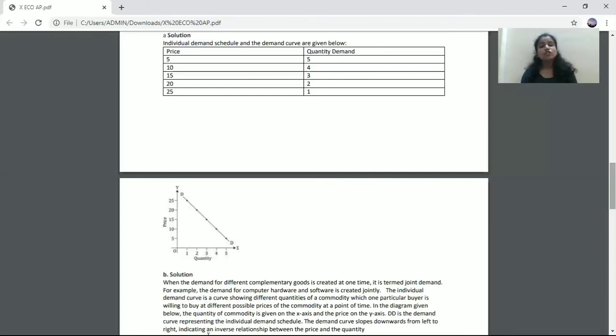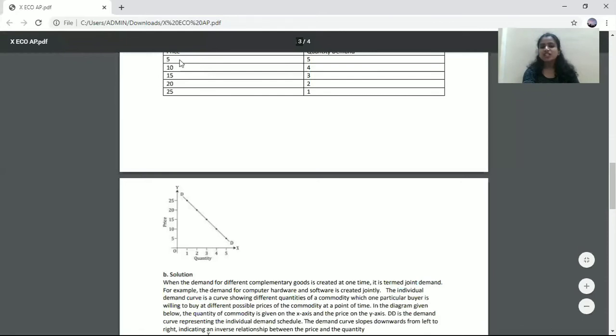Now, once you draw your individual demand curve, it does not stop there, right? You have to provide an explanation also to the demand curve. So how will you write? See, this is how you write. Initially, when the price of the commodity was rupees 5, the quantity demanded was 5 kg. Then directly jump to the last figure.